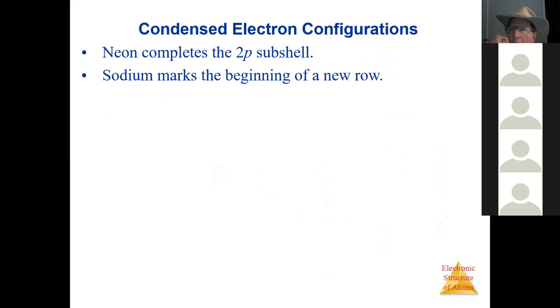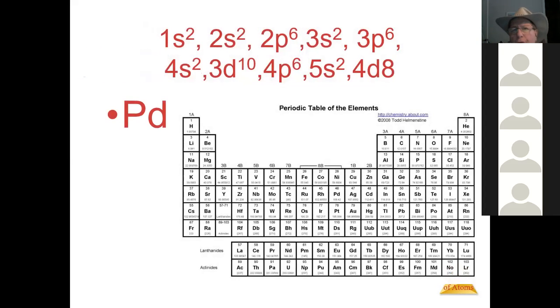Now, remember I said a few seconds ago that everything up to the final one is going to be the same each and every time. Like silver is going to be the same up to this point, then I would call it 4d9, right, guys? We can cheat a little bit. We can use an abbreviation, and the abbreviations we like to use are the noble gases, which are pretty stable.